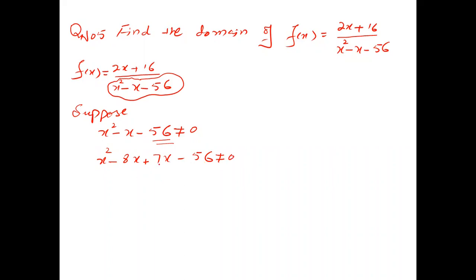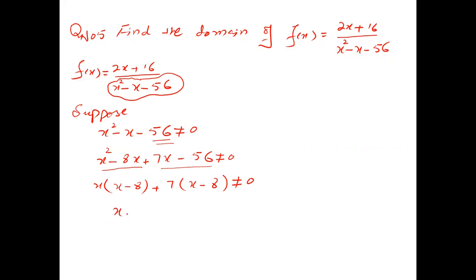You can see 8 multiplied by 7 is 56. Minus 8 plus 7, it becomes minus 1. This is minus 1x, or simply you can write minus x. So this is your first pair and this is the second pair. Taking x common from the first pair, x minus 8; taking 7 common, x minus 8, since 7 eights are 56, not equal to 0.